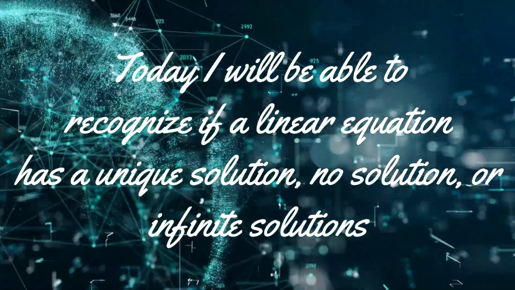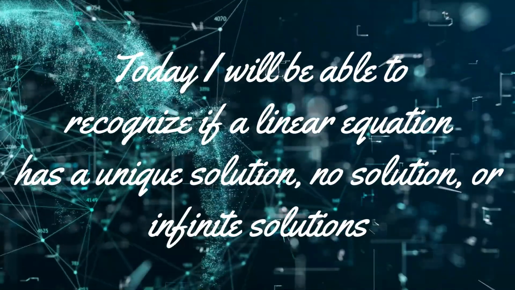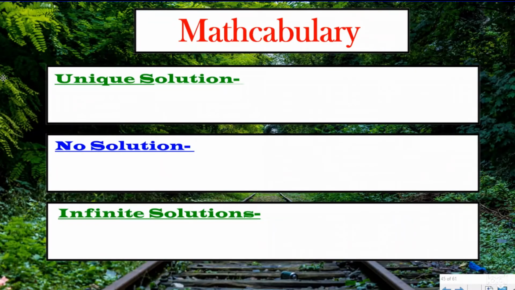Let's take a look at some mathcabulary to find out what that even means. Everything that we have been doing so far in linear equations, you've been able to find a solution for, and when you checked it, the equation was balanced with the solution that you found. That's what a unique solution is.